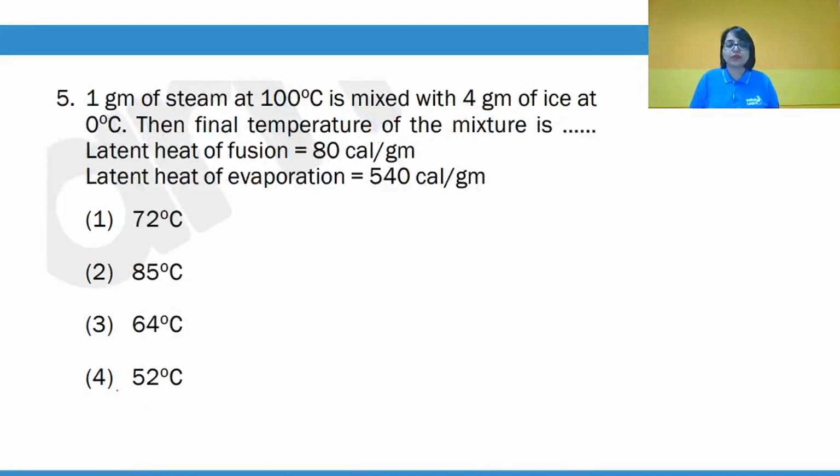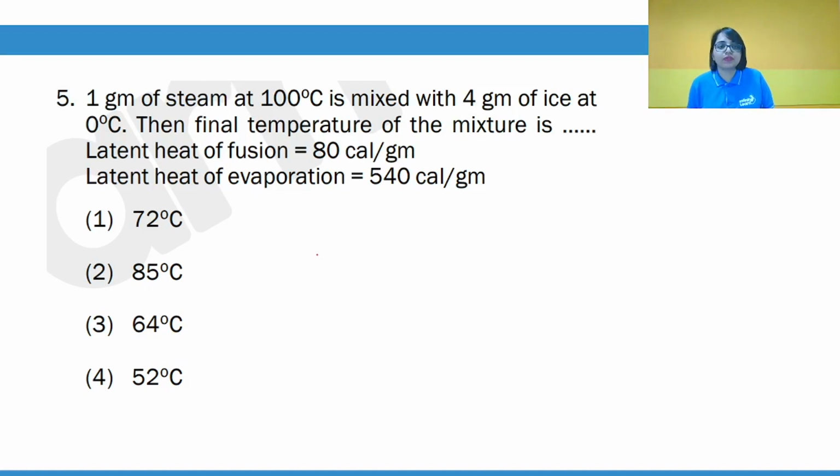All right, so next is question number 4. 1 gram of steam at 100 degrees Celsius is mixed with 4 gram of ice at 0 degrees Celsius. The final temperature of the mixture is. So the steam will convert itself into water at 100 degrees Celsius, and after that its temperature will decrease. So heat is released by the steam. This heat will be gained by the ice in order to melt itself, as well as in order to increase the temperature of the water from ice, right? So heat released is equals to heat absorbed.